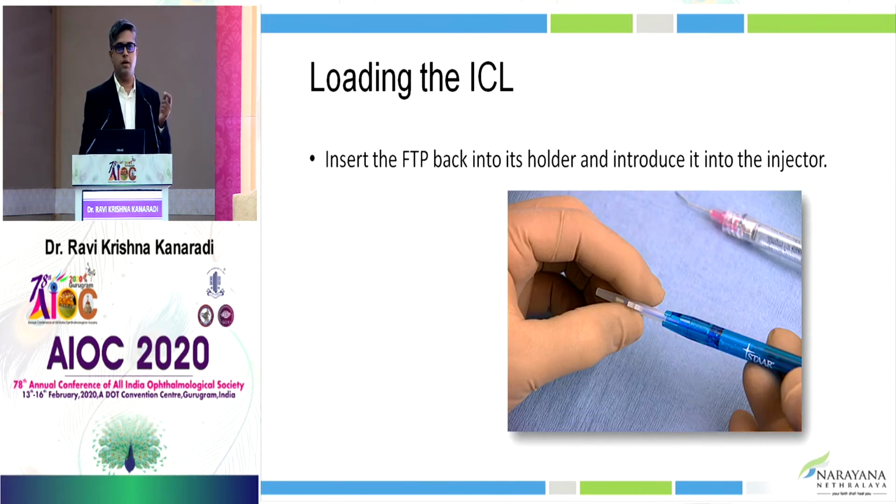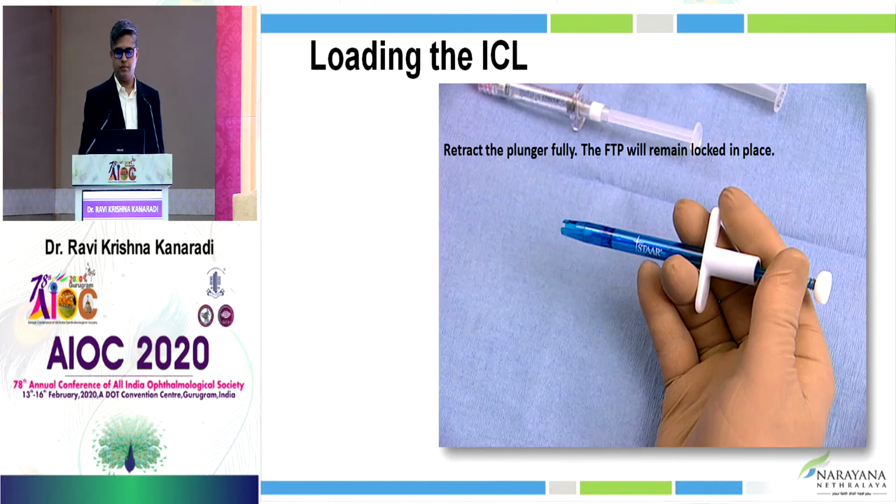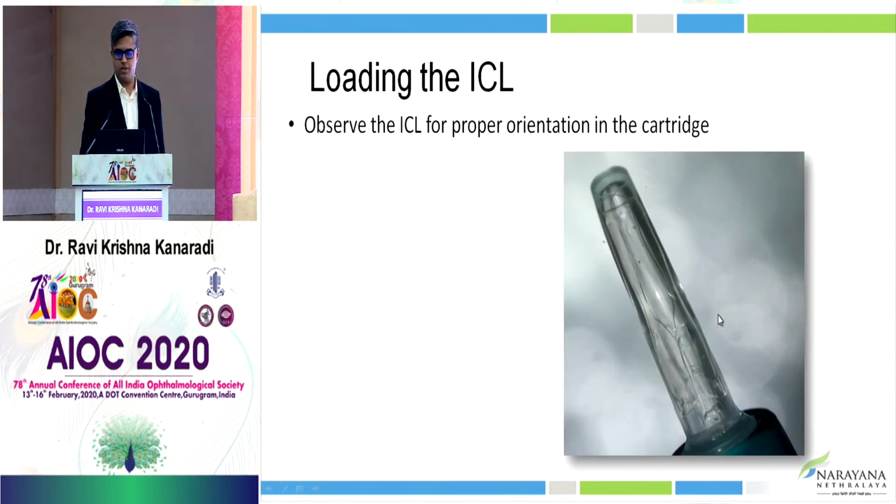Then the same foam tip plunger has to be introduced into the injector. Once it is locked, we can fix the cartridge into the loading system. This is how it looks.